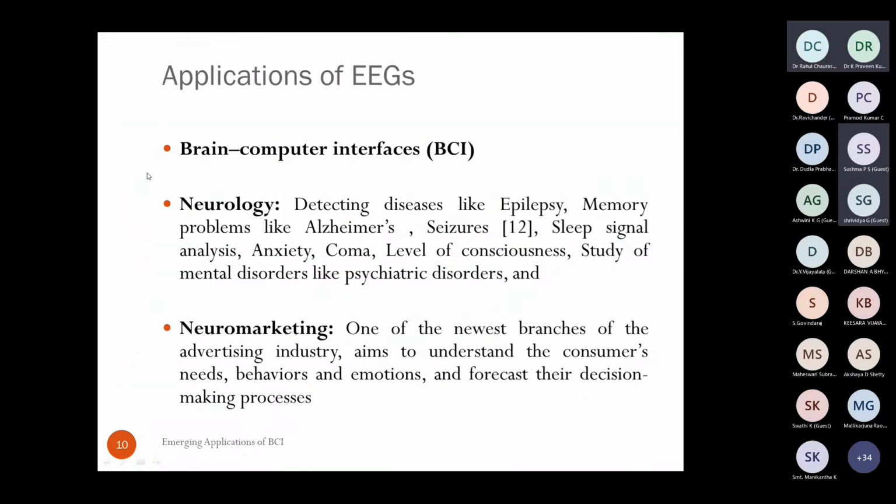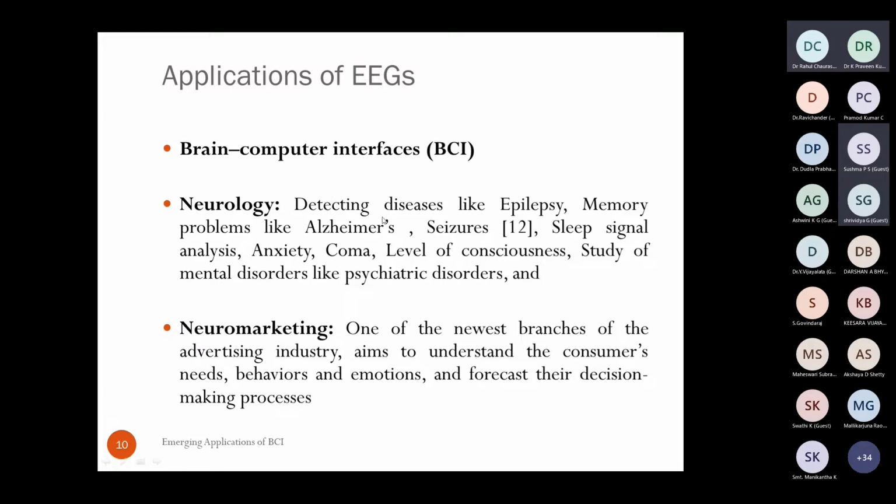Okay, so we have come to know that EEG are basically brain responses that are very low frequency or low amplitude signals, but generated by the brain. They are generated in different activities, whether you are sleeping, whether you are alert, whether you are hyperactive or something like that. So the applications of these signals are in brain computer interfacing. They are also in neurology.